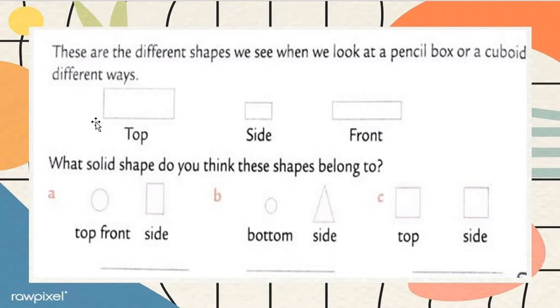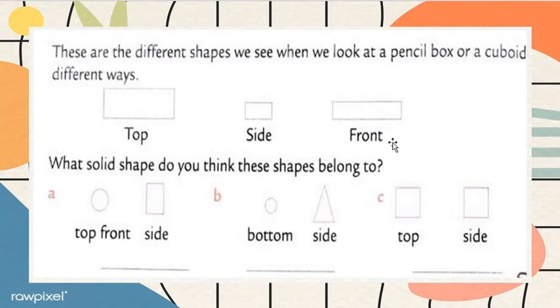So it's the front side, and this is the top side. This is the side view, top view, side view or front view. Three views of any box or any cuboid. So which views? Top view, side view or front view.